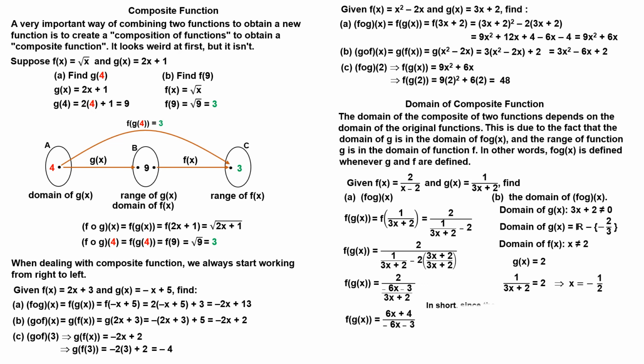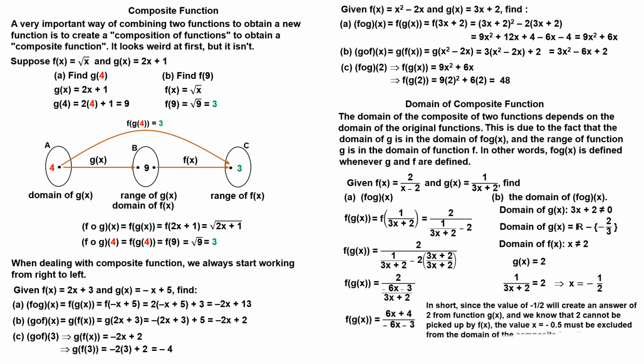In short, since the value of minus 1 over 2 will create an answer of 2 from function g of x, and we know that 2 cannot be picked up by f of x, the value x equals minus 0.5 must be excluded from the domain of the composite function.